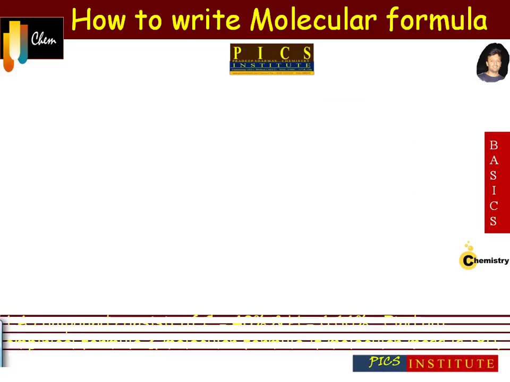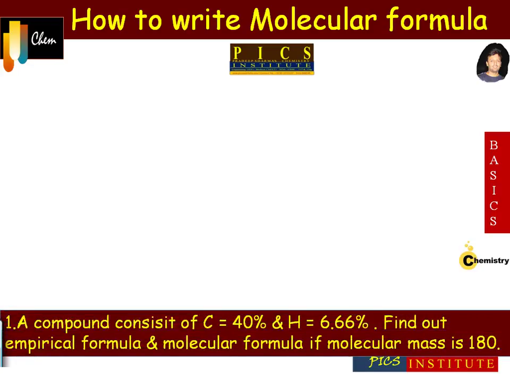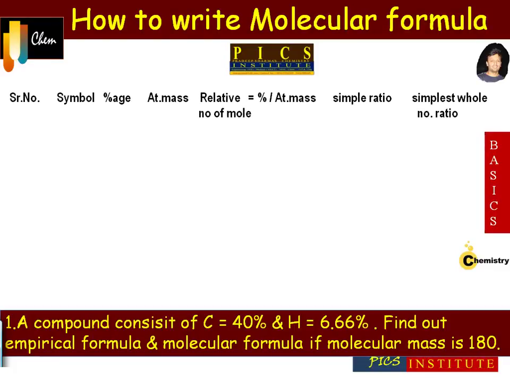Now let's take another example. So the question is percentage of carbon, percentage of hydrogen. We need to find out empirical as well as molecular formula, and the molecular mass is 180. So the same method, same table format.